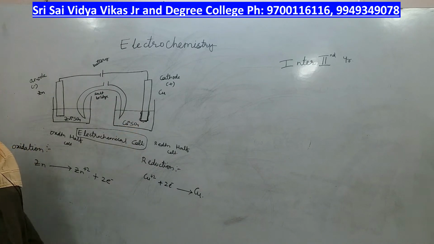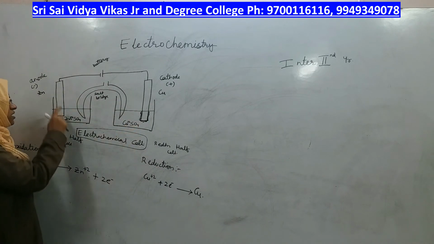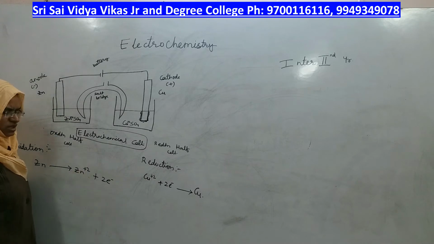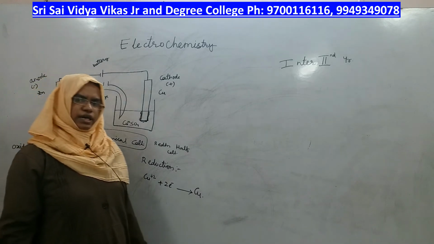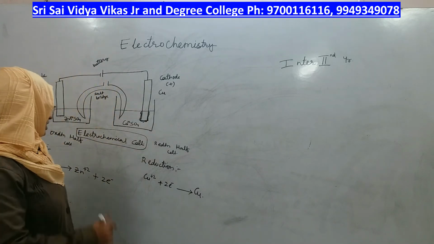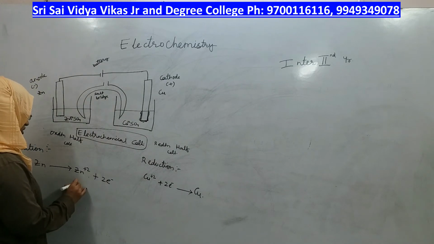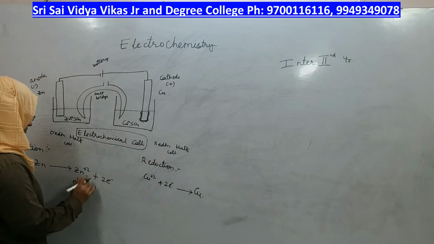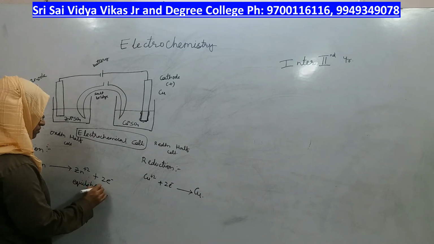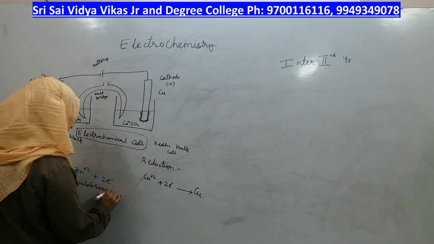A point will come where zinc can no longer oxidize and copper can no longer reduce, and that point is called the equilibrium constant. At equilibrium constant, the cell stops functioning.